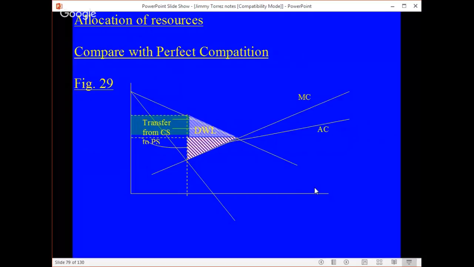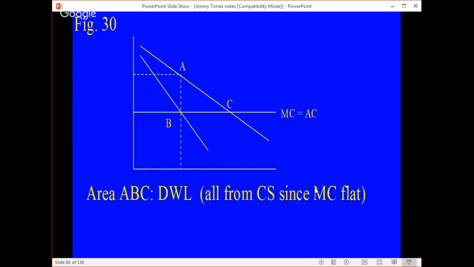Again, gone. That we consider a welfare loss. And the terminology we use for these two triangles is deadweight loss. So under monopoly, you have a transfer from consumer surplus to producer surplus, and you have deadweight loss. So there's a loss in welfare from a monopoly compared to perfect competition.